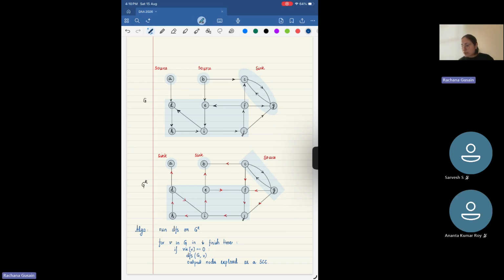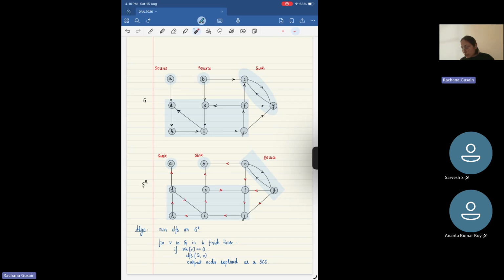Yes, so I have just written the algorithm here in case you want to implement this strongly connected component algorithm. You'll have to define the DFS procedure. Run a simple DFS on G^R starting from any node. Then order the nodes in decreasing order of finish time.